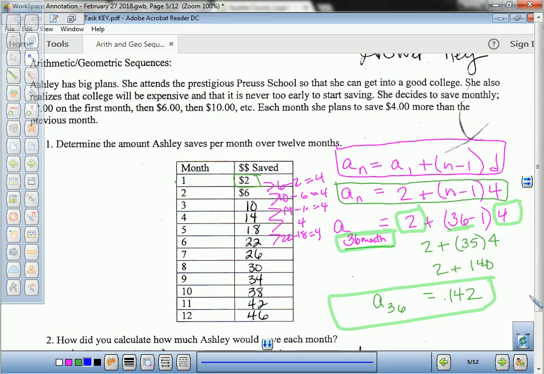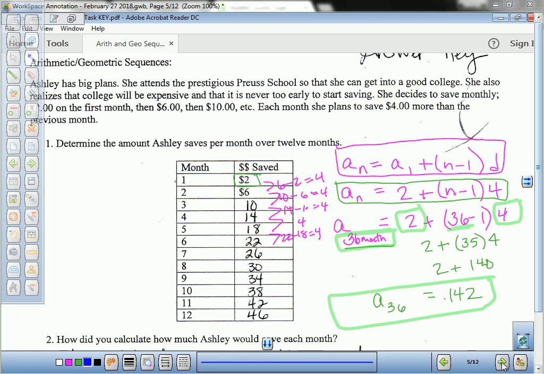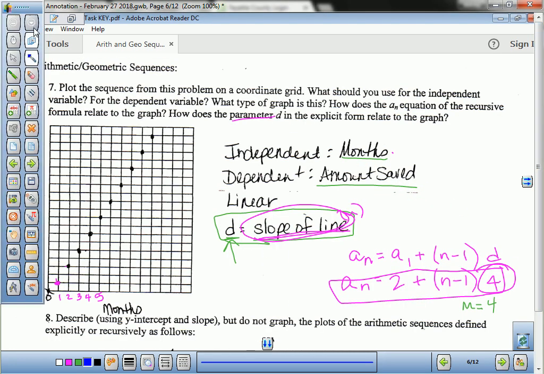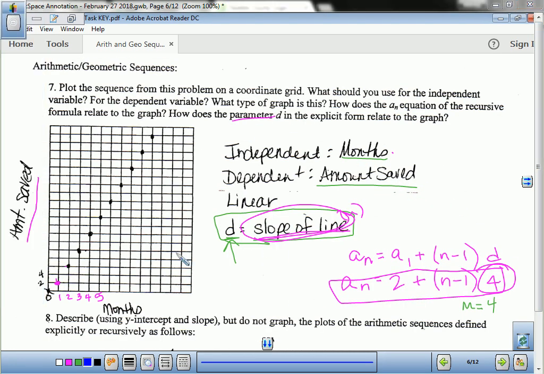Okay, so on the back of that first page, what we talked about is how this relates to a linear function. How does an arithmetic sequence relate to a linear function? If we graph it, it forms a straight line. Now, why do we not connect the dots? Because there's no in between.